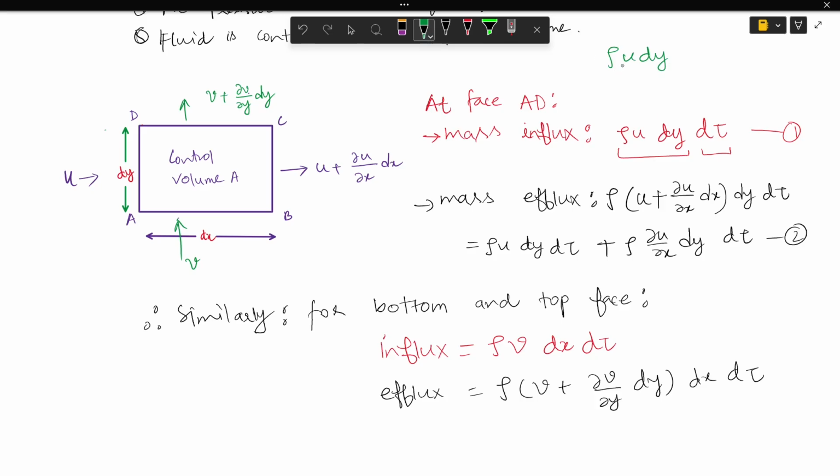So what is the unit of rho? That is kg per meter cube, into u, a velocity, so meter per second. And what about dy? dy is basically meter square.